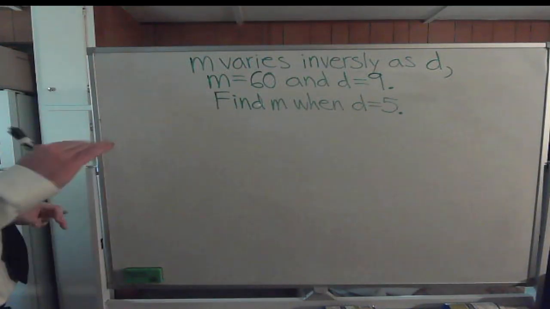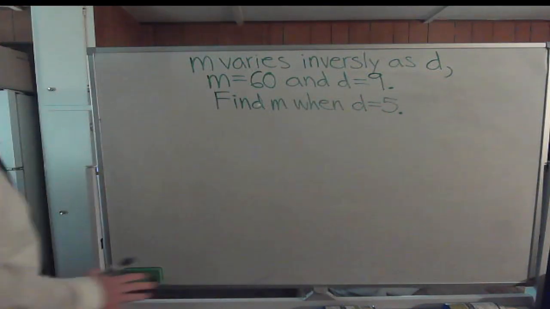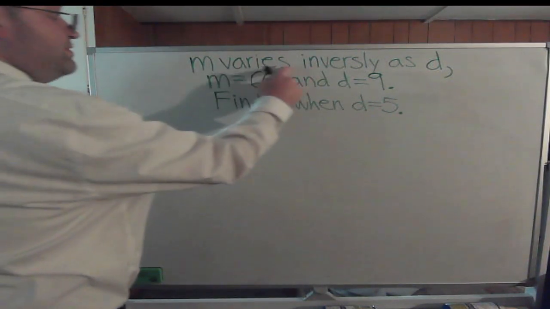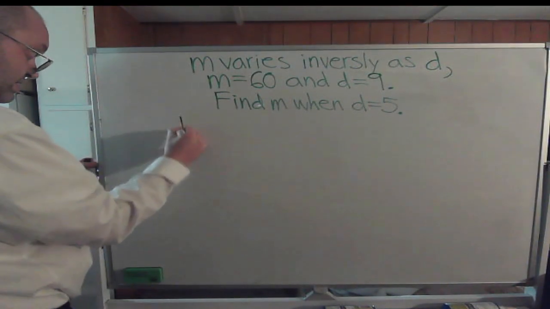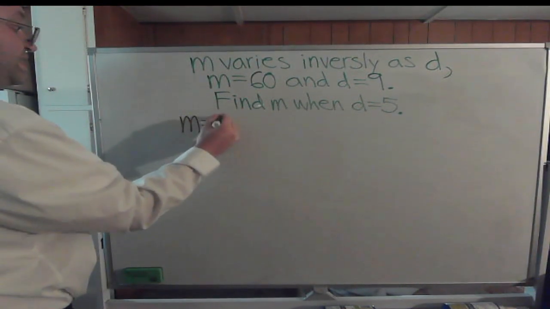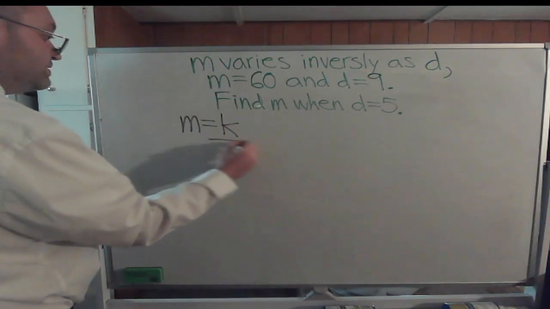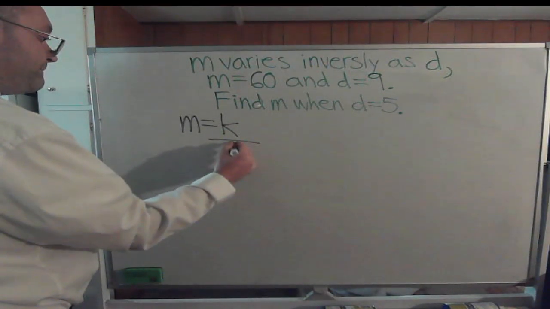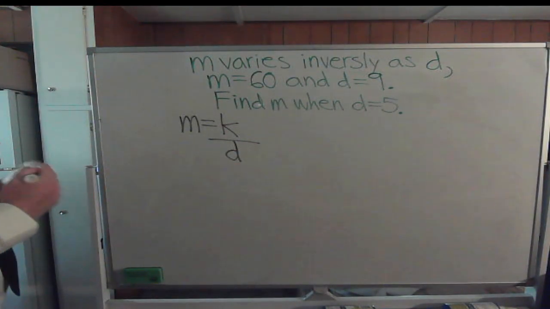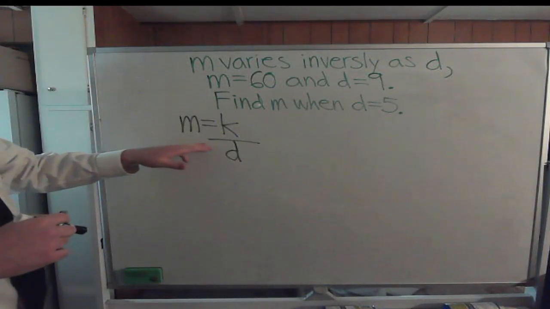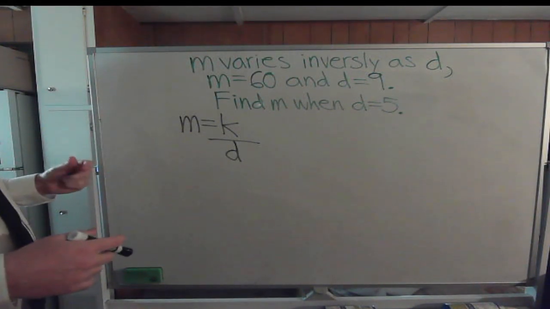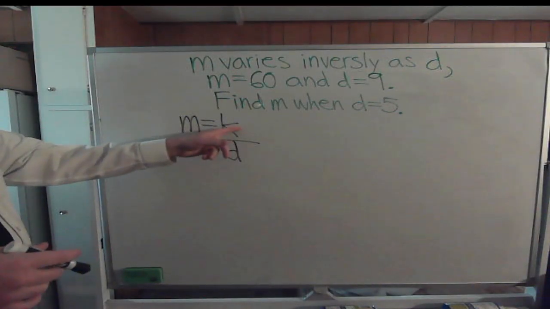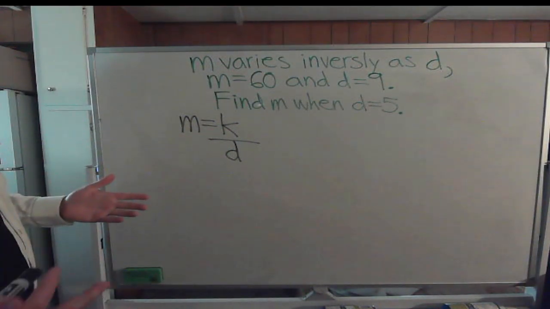So forget the last sentence exists for a minute. Start with M varies inversely as D. So you're going to set up your equation, M equals K over D. There's your initial equation for M varies inversely as D. Now the next thing you need to do is isolate that K by itself to solve for the constant of variation.